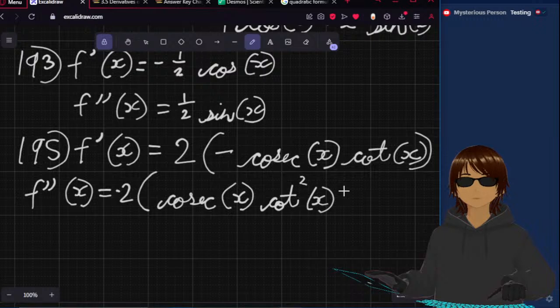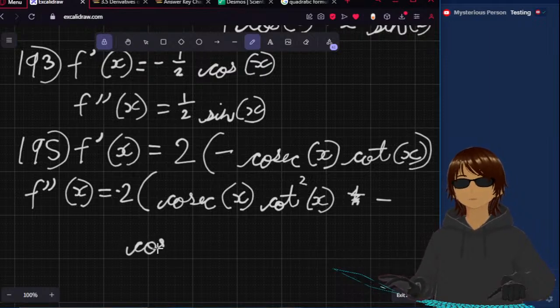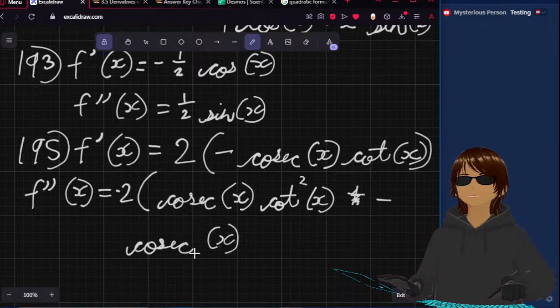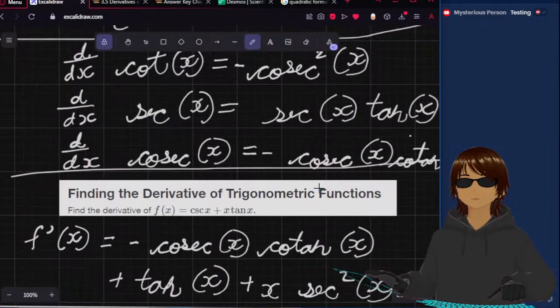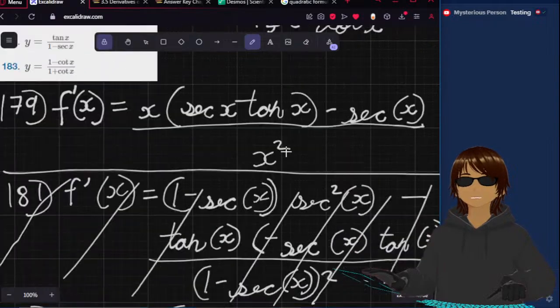This would be square plus the first minus the first times derivative of the second, which I forgot what it is, cotangent, cosecant squared, I think. So this would be cubed. This would be plus, if I remember correctly. Cot, yeah, cosecant.